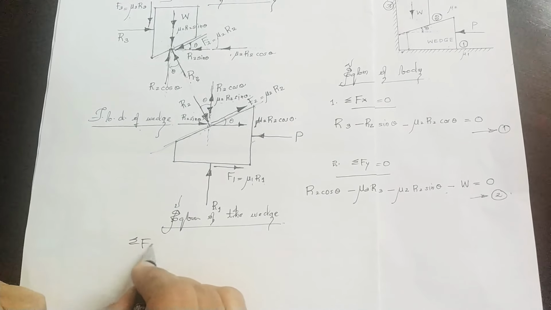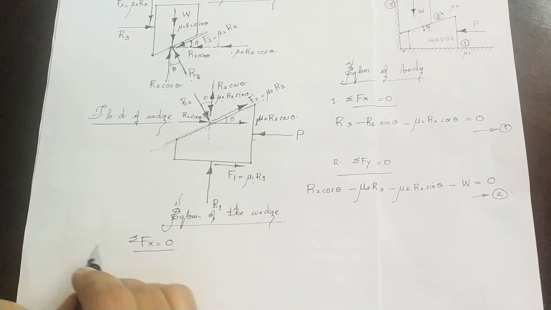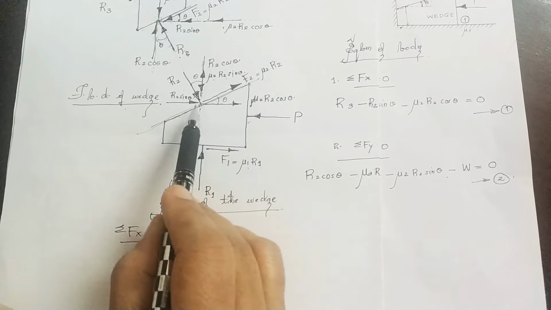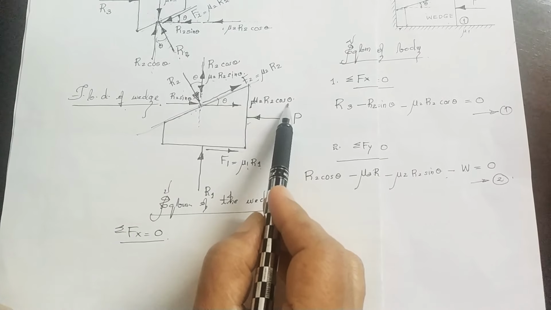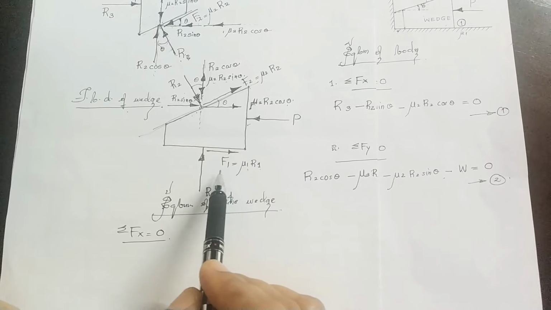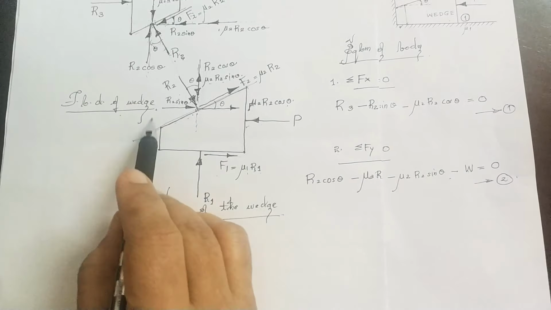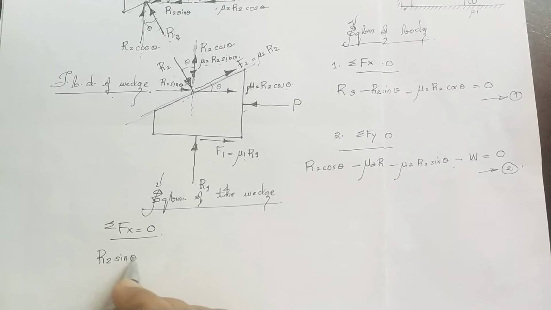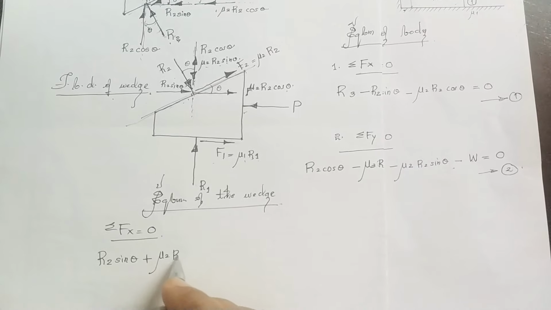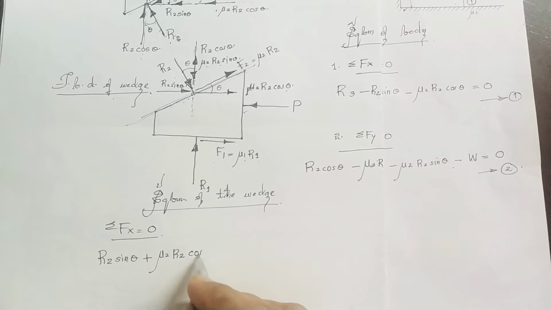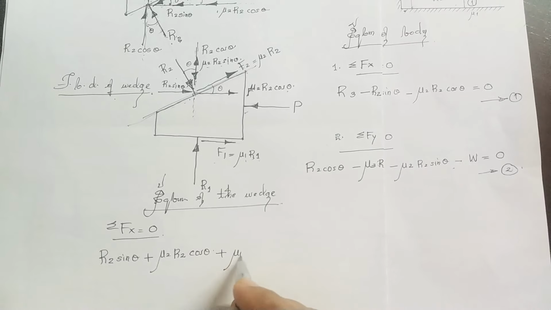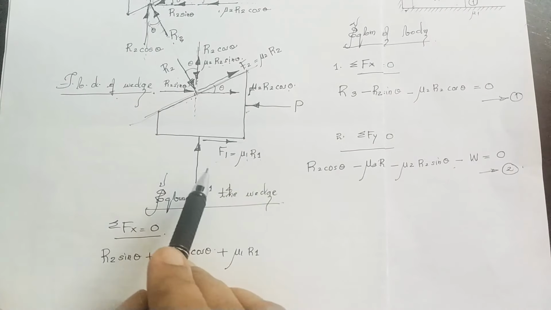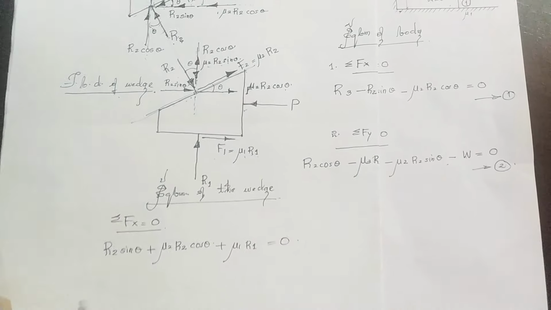So sigma Fx is equal to 0. We have R2 sin theta, mu2 R2 cos theta, and P along with mu1 R1 as the horizontal forces. So you can write it as R2 sin theta plus mu2 R2 cos theta plus mu1 R1, 1, 2 and 3, is equal to 0.